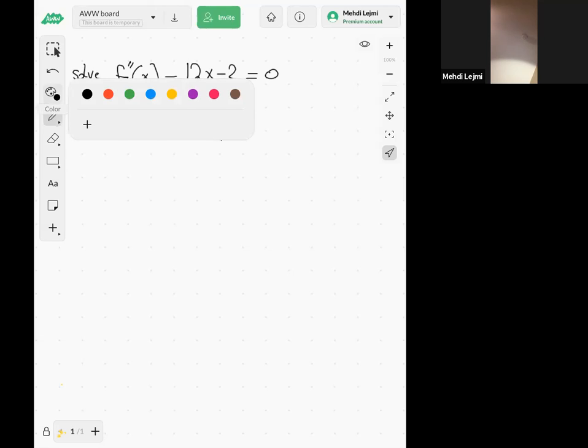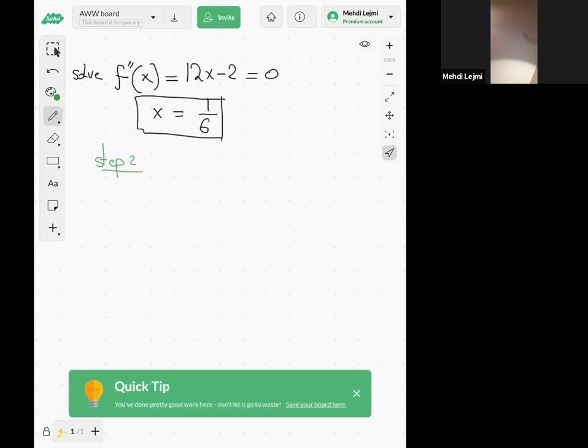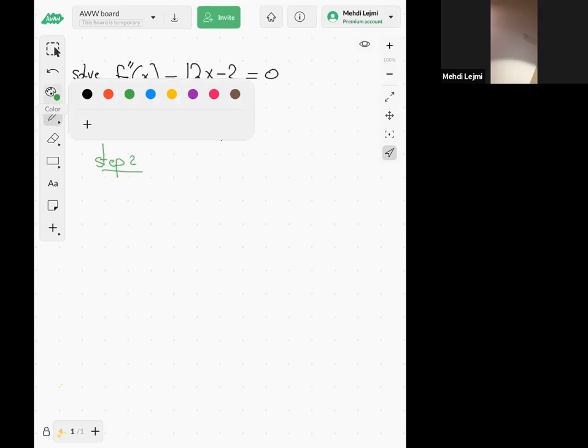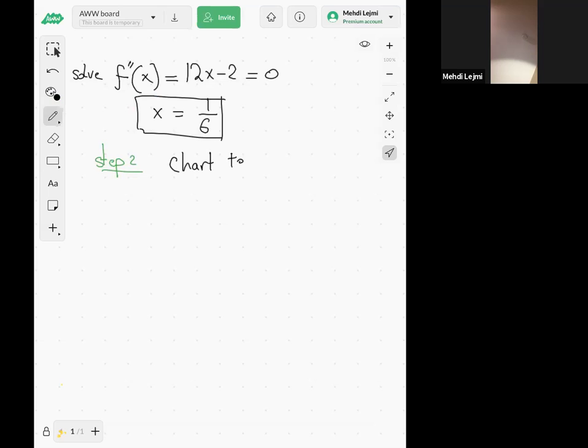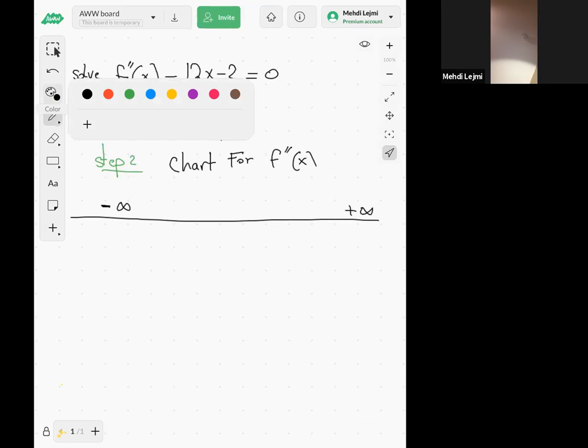Now step 2, we have to make a chart for f second of x. Again, we have this number line, negative infinity, positive infinity. I'm going to put the solution of f second equal to 0, that's 1 over 6. So here's my 1 over 6, right?